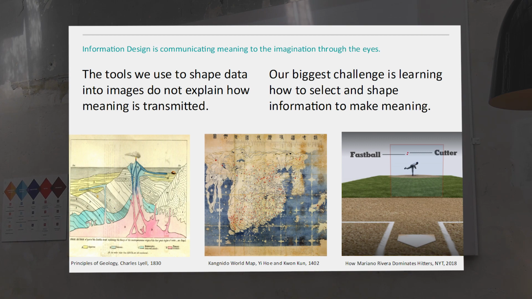The psychological rules for optimizing perception don't explain the multiplicity of information design strategies that people have devised over the centuries. Our biggest challenge is learning how to select and shape information to make meaning. And reviewing information design history can help gain perspective on how qualitative and quantitative information are both part of information design today.